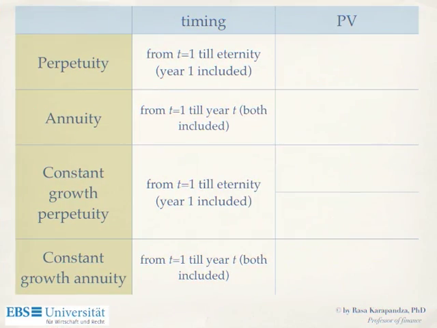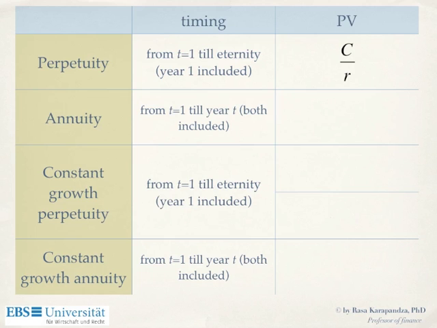So, we said for the perpetuity, and only for the perpetuity whose first payment is in one period from now till eternity, the present value will be given by C over R. So if you receive $100 every month from the next month till eternity, this would be equivalent to me giving you today 100 divided by R amount of money.